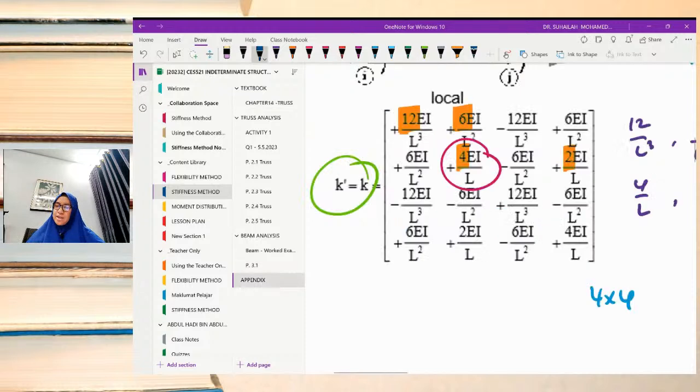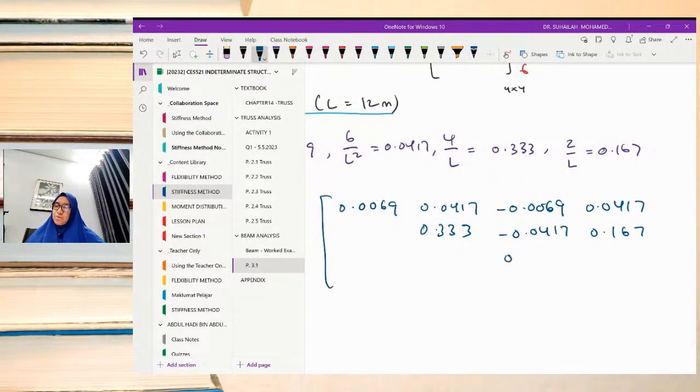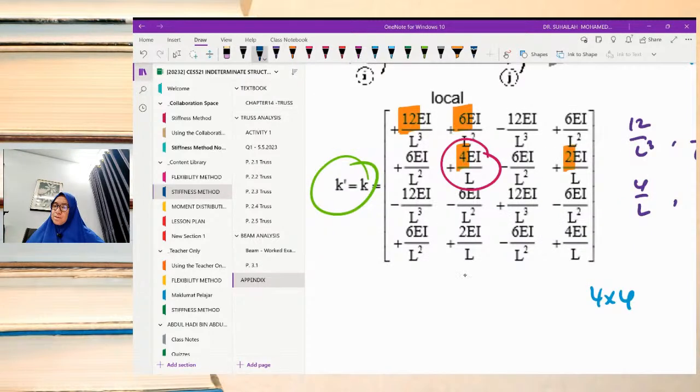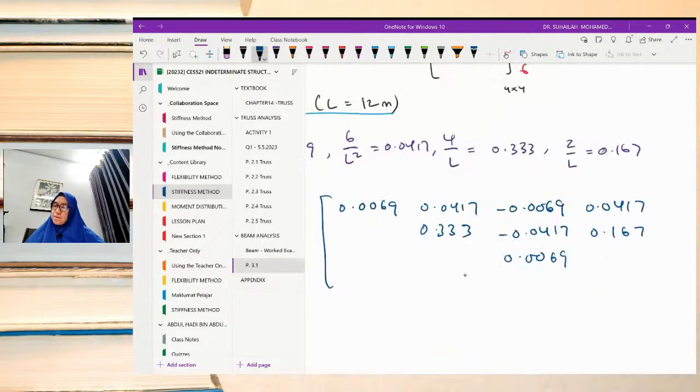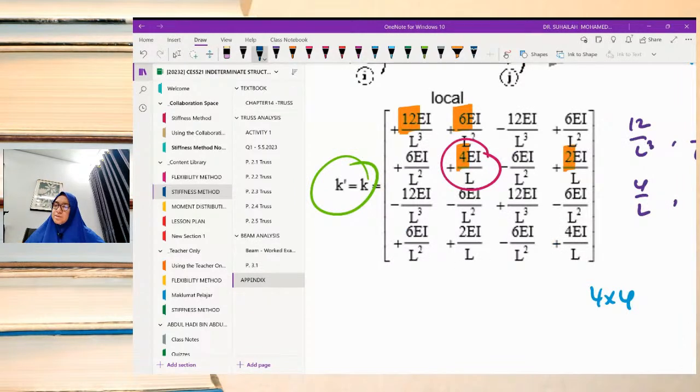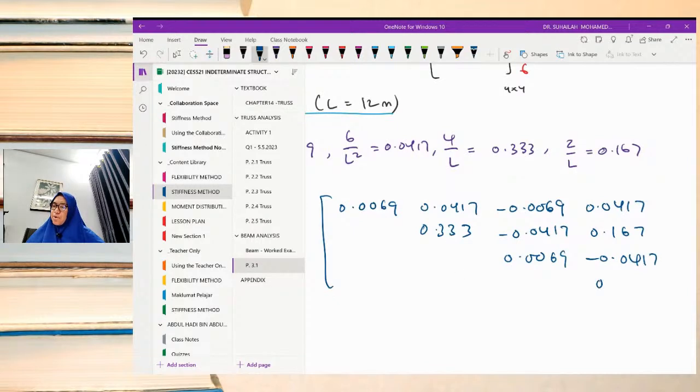Next value is 12 over L cube. Okay, it is 0.0069, and negative 0.0417, and this one is 4 divided by L, which is 0.333.